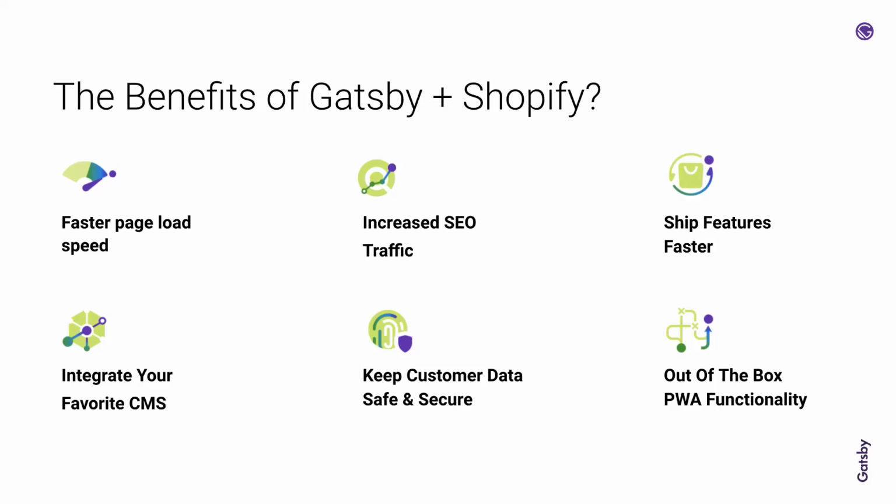So you could have a web page with product information from Shopify, reviews from another system, commenting from Disqus, and content from a blog system like WordPress. All that could be displayed on one page and easily integrated together with Gatsby's data layer.